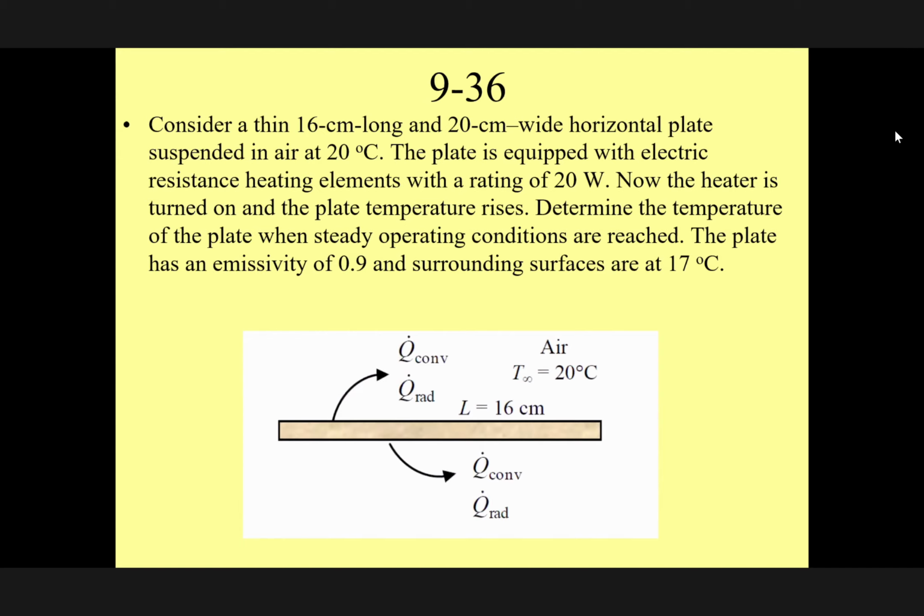Therefore, radiation from this plate inside the room is by radiation between this surface and the temperature of the ceiling and the wall and so on. Okay. Did I answer you, sir? Yes, sir. Good.